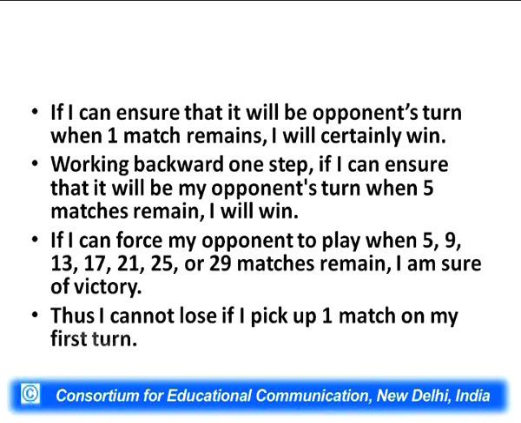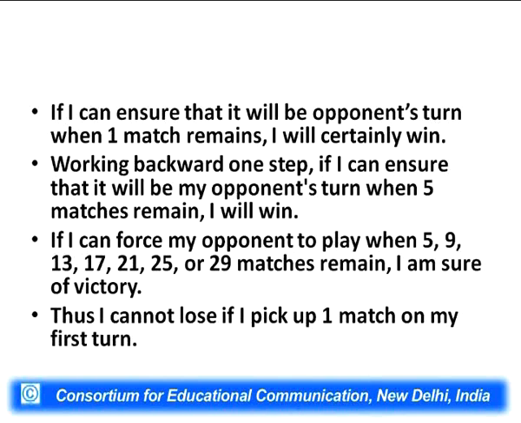So, working backward, one step, if I can ensure that it will be my opponent's turn when 5 matches remain, I will win. Similarly, if I can force my opponent to play when 5, 9, 13, 17, 21, 25 or 29 matches remain, I am sure of victory.